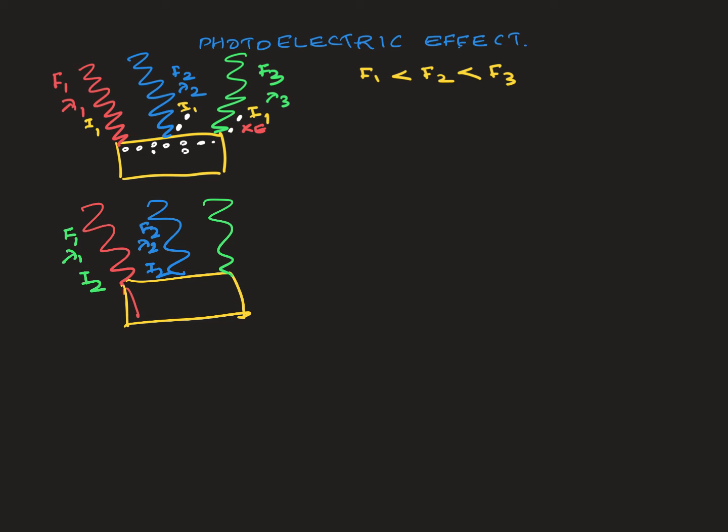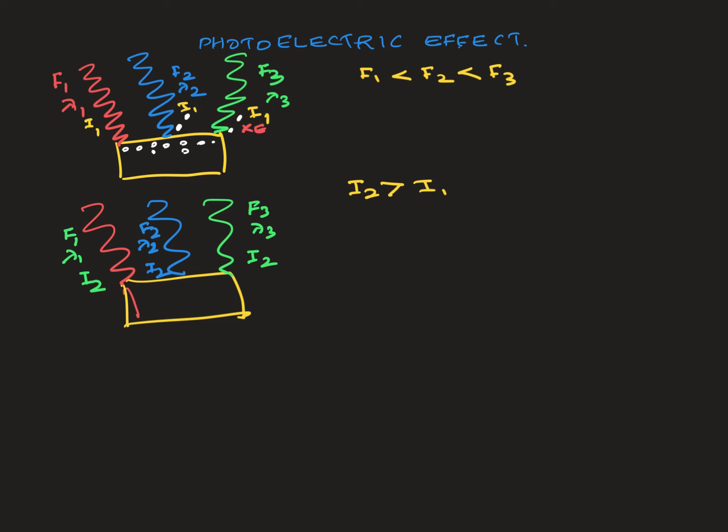And the green one here, F3, lambda 3, and I2. So I2 is greater than I1. That means we are getting the metal exposed to that light with high intensity. So intensity is increased. That means more power, but the frequency is the same.